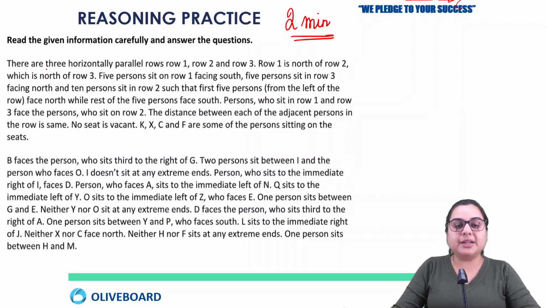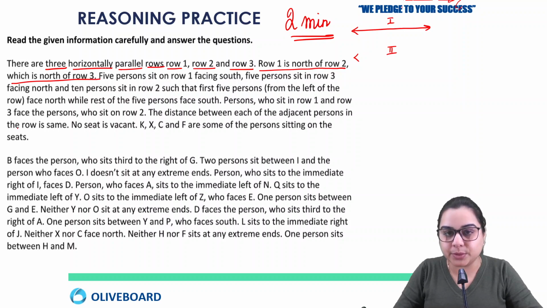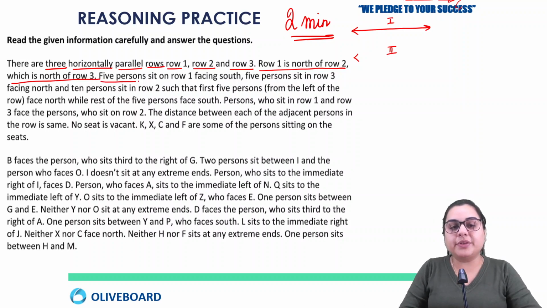What's there in this question? First, there are three horizontally parallel rows: row 1, row 2 and row 3. Row 1 is north of row 2, and row 2 is north of row 3. Then 5 persons sit in row 1 facing south.